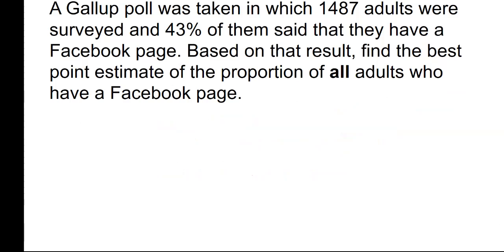So if you think about this, the proportion of all adults, so this is to do with the population. I know it's a population proportion because that's the whole story, proportion of all adults. But then they did not go around talking to all the adults. They surveyed 1,487 adults. And of them, 43% said that they have a Facebook page.